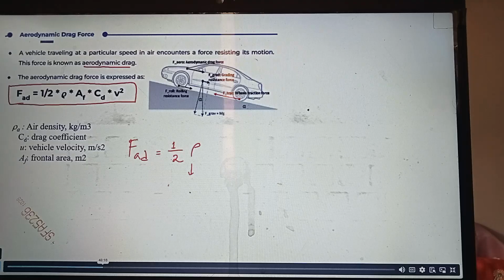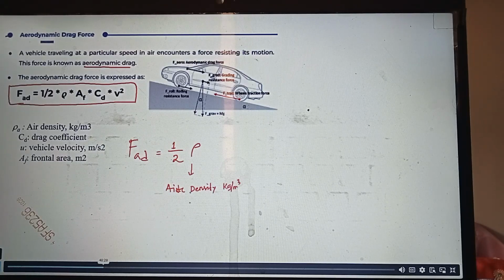Rho is nothing but air density, the density of the air in kg per meter cube. As you know, as we go higher, air density will be less. Typically for ground level, we can take air density to be 1.2 kg per meter cube or 1.15 kg per meter cube. As you go higher, air density comes down. So 0.5 rho, third is AF. AF means the frontal area of the vehicle.